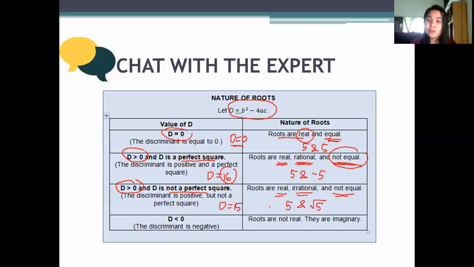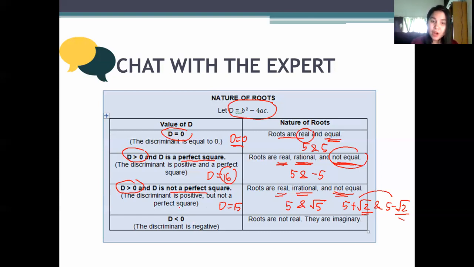Example, we have 5 and square root of 5. Or you have 5 plus square root of 2 and 5 minus square root of 2. These two are real. These two are irrational because they involve the square root of 2, and they are not equal.